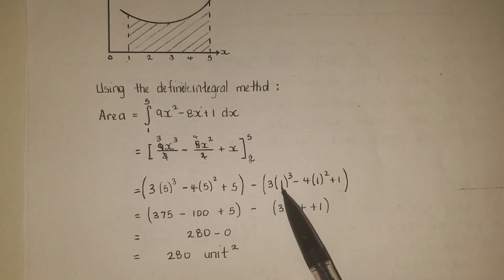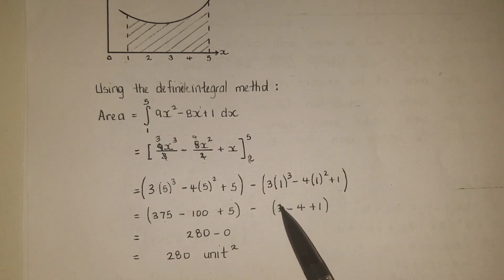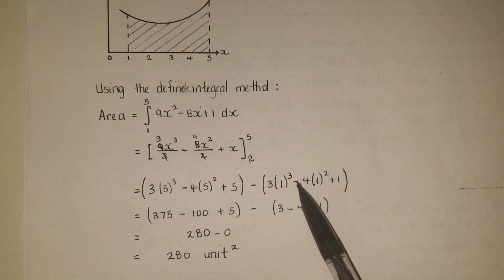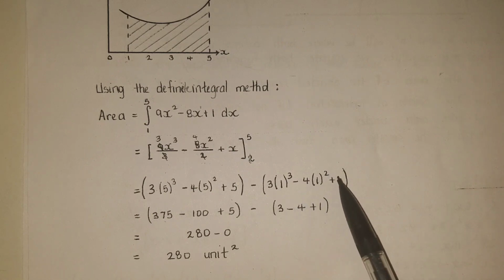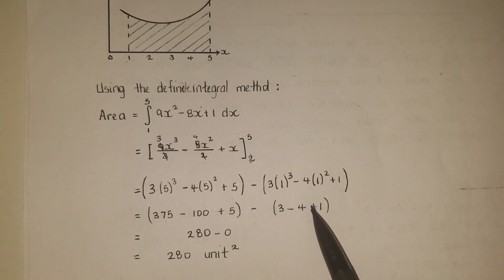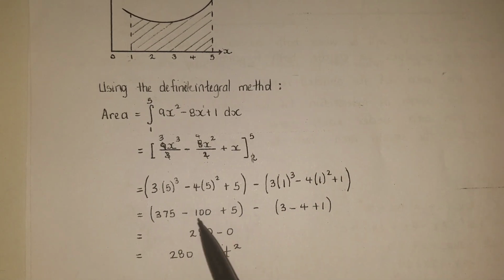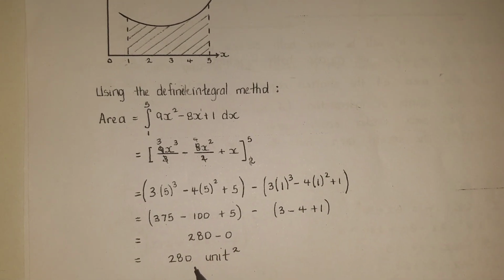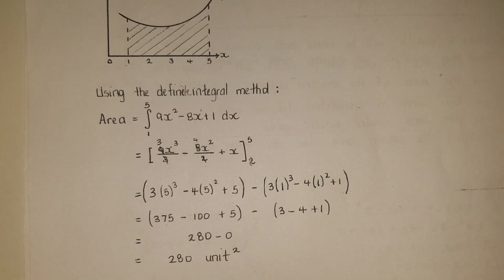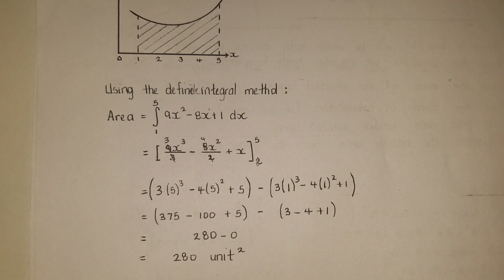In this lower bracket, 1 cubed is 1, 3 ones 3, 1 squared is 1, minus 4 times 1 is negative 4, the 1 comes back. 3 minus 4 is a negative 1, and negative 1 plus 1 is a 0. So this bracket yields a 0. So now our answer becomes 280 minus 0 equals 280 units squared. Since we're finding area, we will just square the unit. That's how we express it.